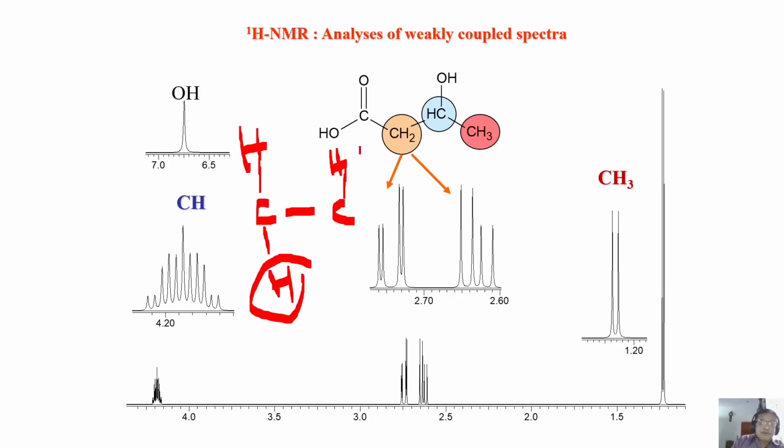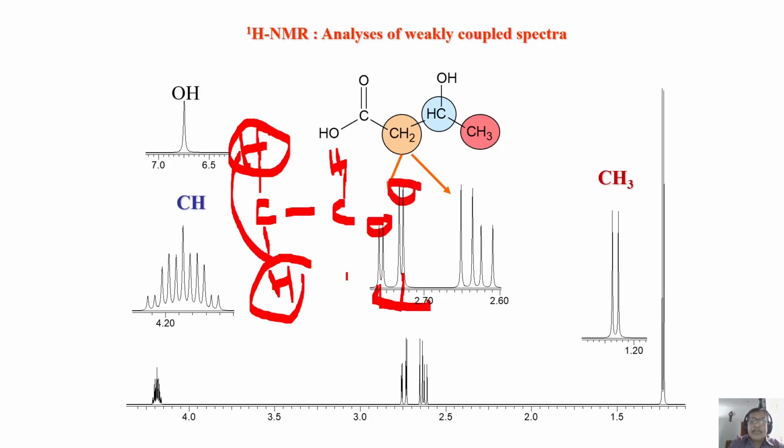So this proton experiences a trans coupling of large value, plus it will split into a doublet because of this proton with a geminal coupling, which is smaller in strength. Where is that group? Look at it. This is a large separation here. This corresponds to this trans coupling, quite a large value. And each line of this one is further split into a doublet because of this geminal coupling.